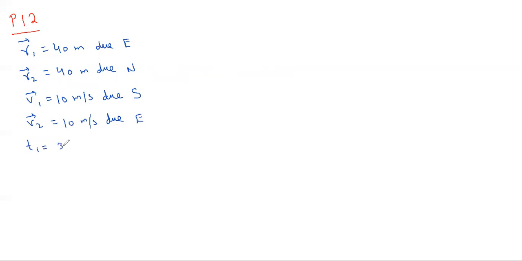t1 equals 30 seconds. Technically this is not given. This is the time taken by the particle from this position vector to this position vector, so I should call this t. The time taken during this journey is just 30 seconds. Or you can say that t2 is equal to 30 seconds and t1 is equal to 0 seconds.